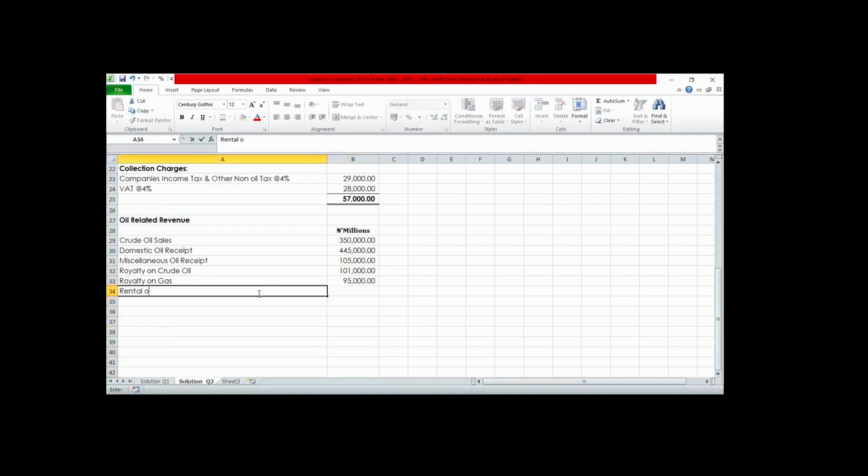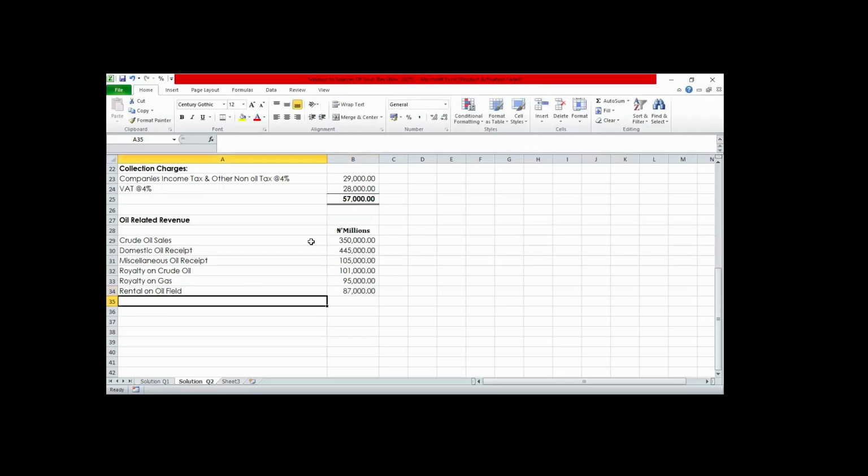Rental on oil field. Yes, sir. How much? 87,000. Okay, 87.